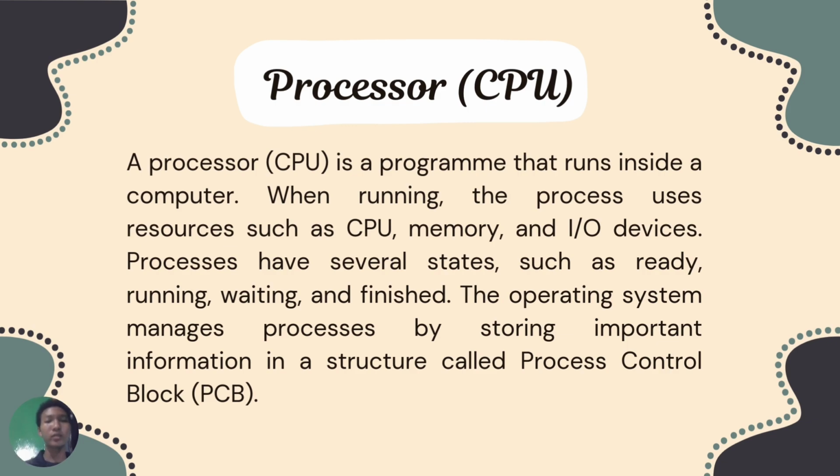When running, the process uses functions such as CPU, memory, and input or output devices. Processes have several states such as ready, running, waiting, and finishing. The operating system manages processes by storing important information in a structured process control block, or PCB.